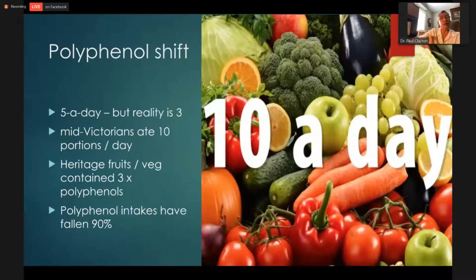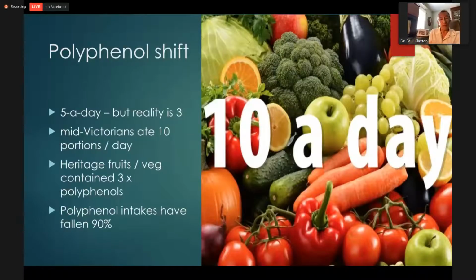But if you go back to earlier societies, and one of those is the mid-Victorian society, very active, ultra-processed foods at all. And what we know from a thorough investigation of their dietary habits is that they were consuming an average of 10 portions of fruits and vegetables a day, which might seem like a lot to you.